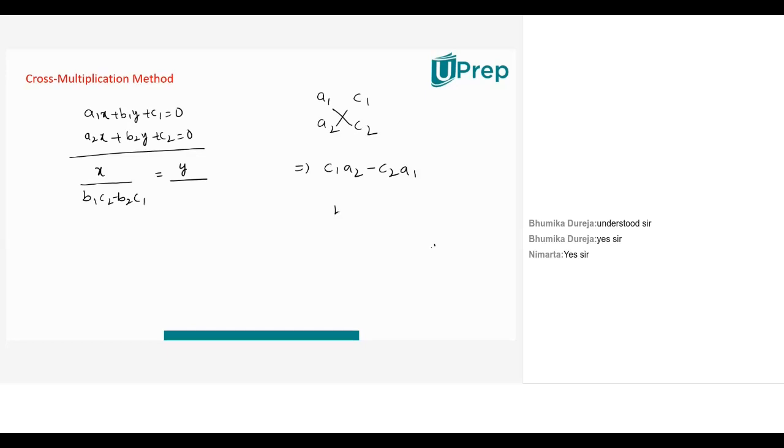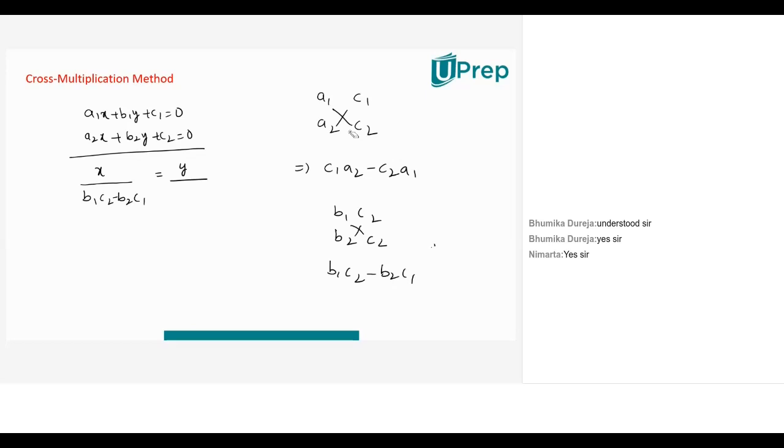Now, guys, don't get confused here. In the previous case, it is b1 c2 minus b2 c1. Whereas when you close this y, you should always start the cross multiplication method from the right of it.